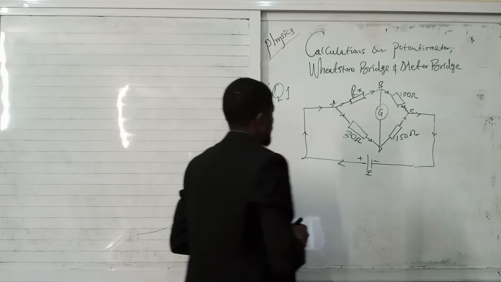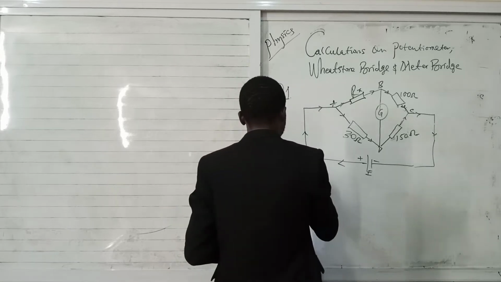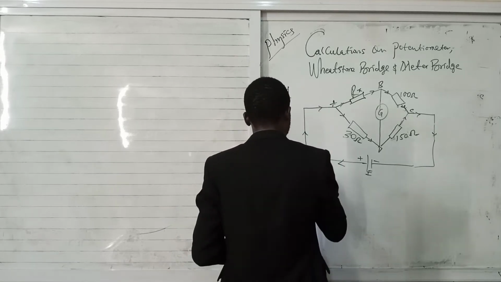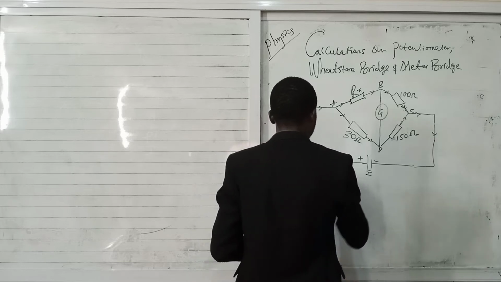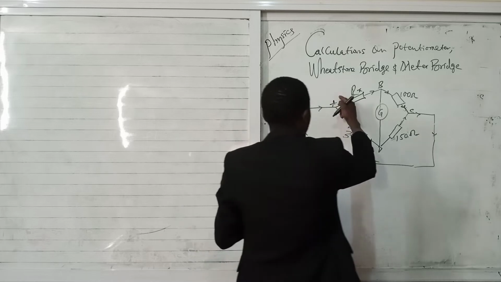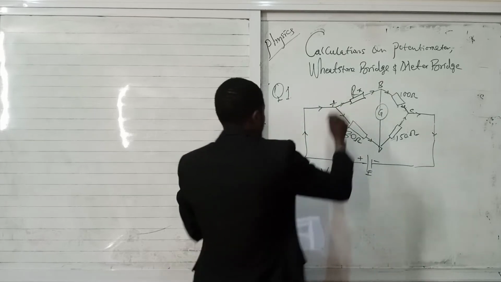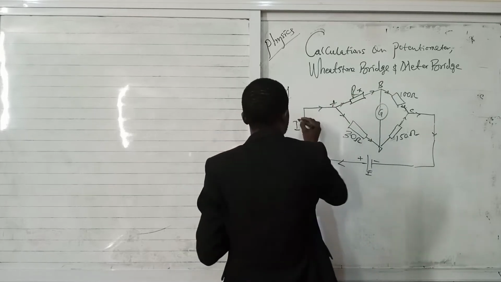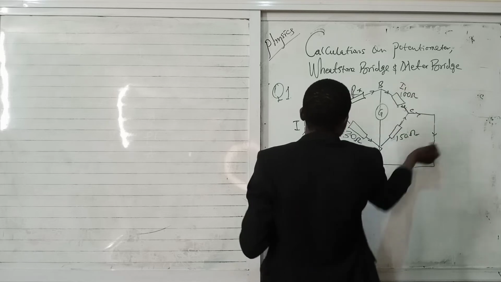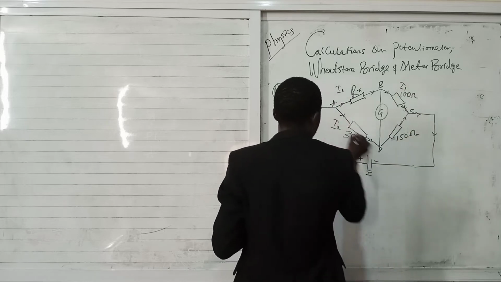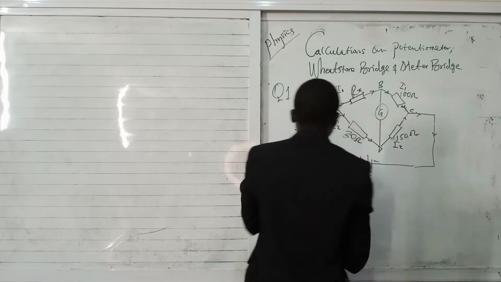Good. So we say that VAB is equal to VAD. This is your current I1 here, and your I2 is here, and also here.